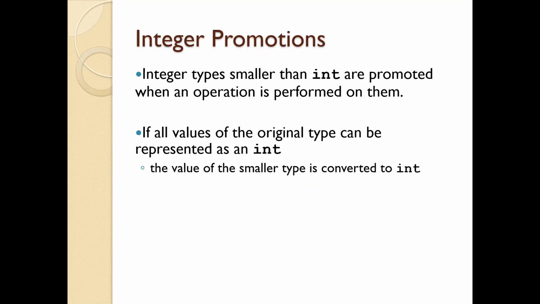Integer types smaller than int are promoted when an operation is performed on them, but only when an operation occurs, like you're adding something. They're promoted if all values of the original type can be represented as an int, which is kind of the default, and that's performed by the CPU, and the value of the smaller type is converted to int, which shouldn't be a problem, right?